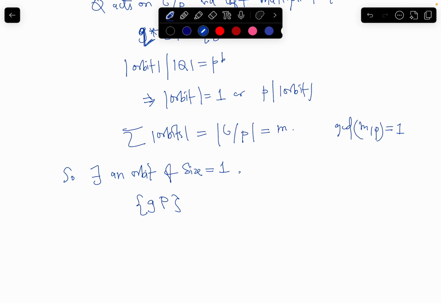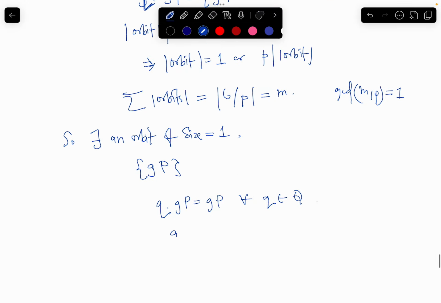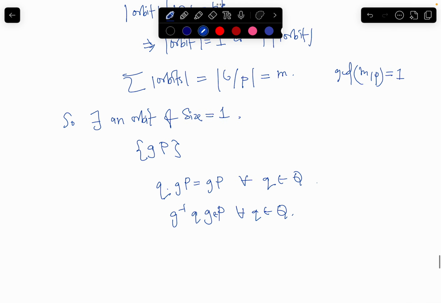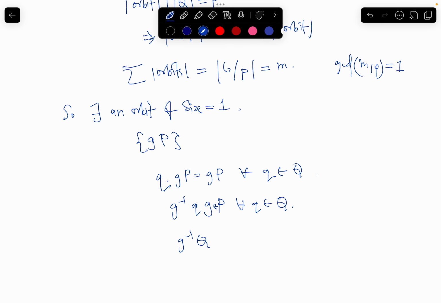That means that q times gP is going to be gP for every q in Q. That means g inverse q g P is in P for every q in Q. So that means g inverse Q g is contained in P, and that completes the proof.